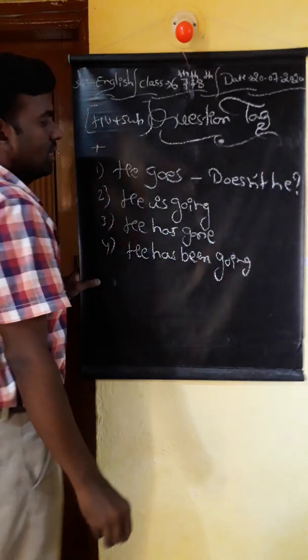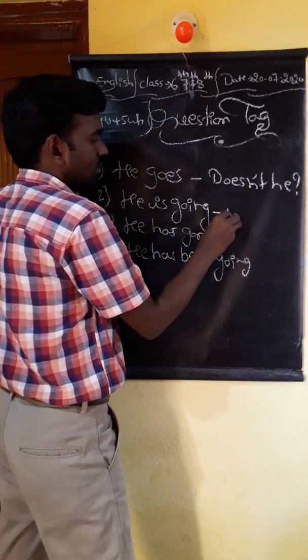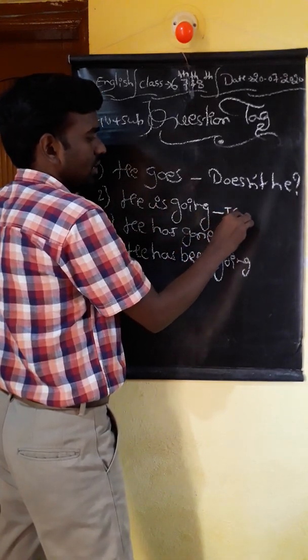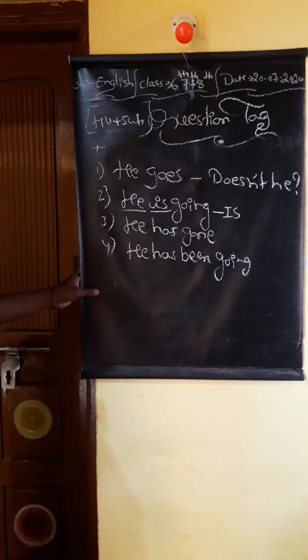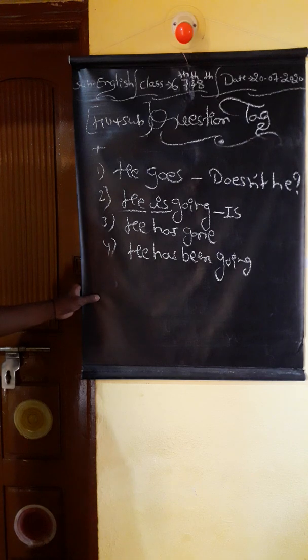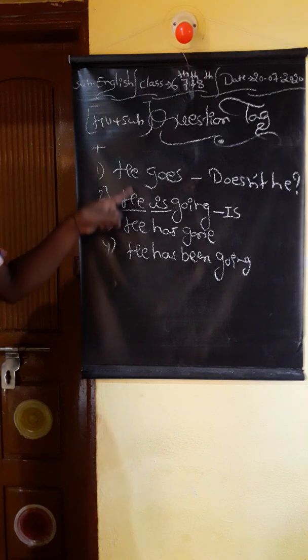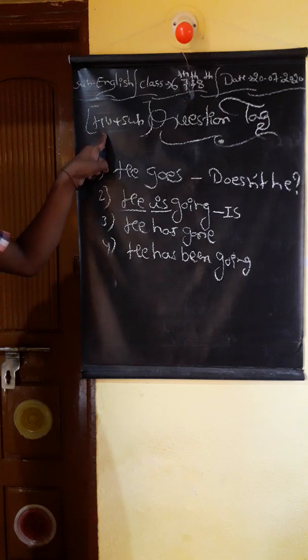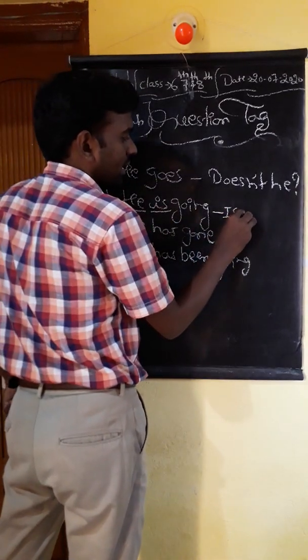Now for he is going, the question tag is written as it is. So what did I do here? Use the helping verb and the subject. What is the helping verb here? Is. So apply not.